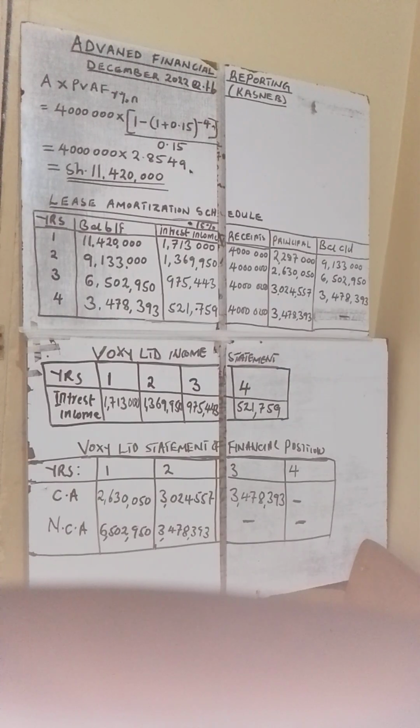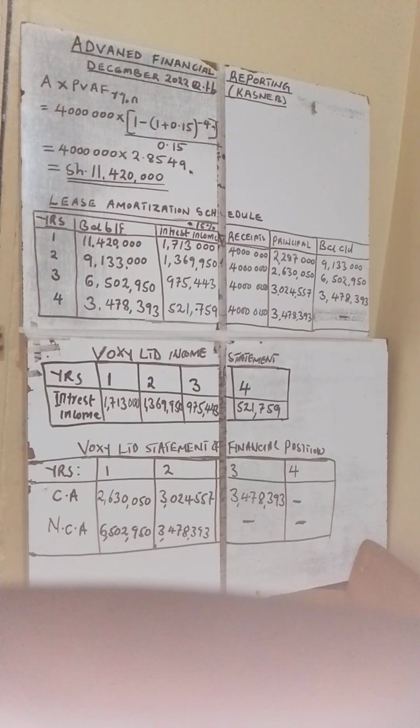The other characteristic of finance lease is that the lessor transfers ownership of the asset to the lessee by the end of the term. So it is possible that by the end of the lease term, the owner of this particular asset may transfer the ownership to the lessee. Another characteristic is that if the lessee cancels the lease agreement at any time, any cancellation losses incurred by the lessor will be borne by the lessee.